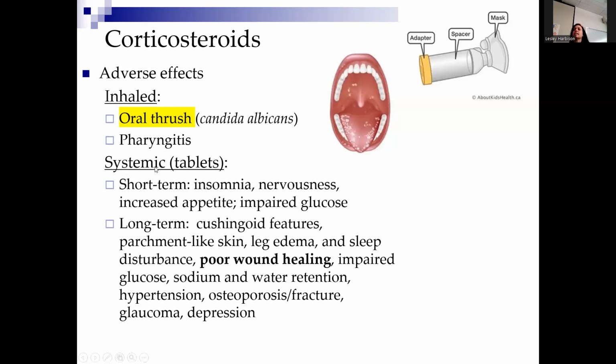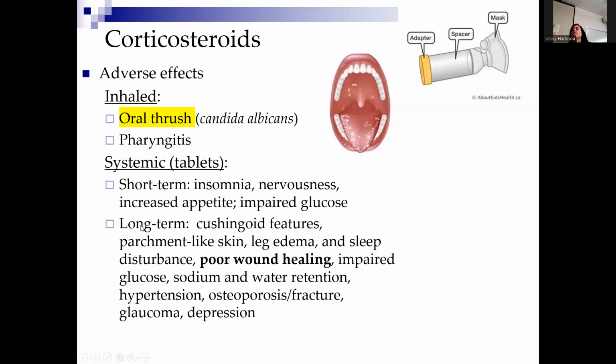If they're taking a systemic corticosteroid for their asthma or COPD, like a pill, then they are going to have a little bit more susceptibility to these bigger side effects. If it's just short term, they may experience things like insomnia, nervousness, increased appetite, or impaired glucose sensitivity.